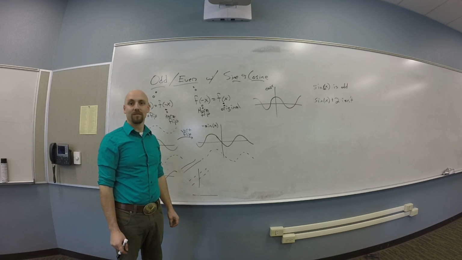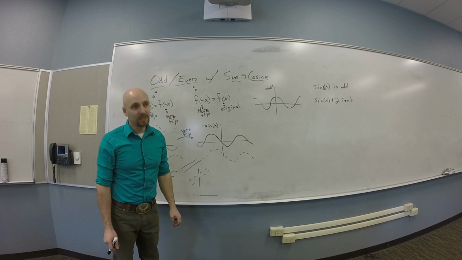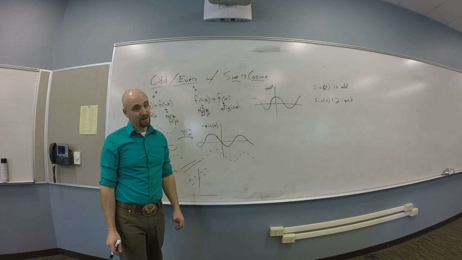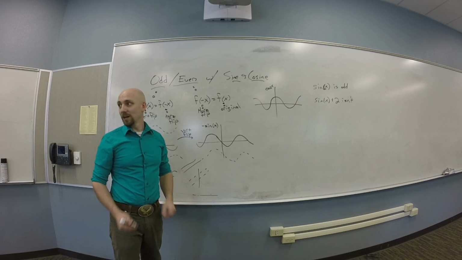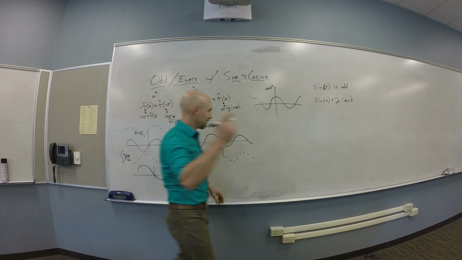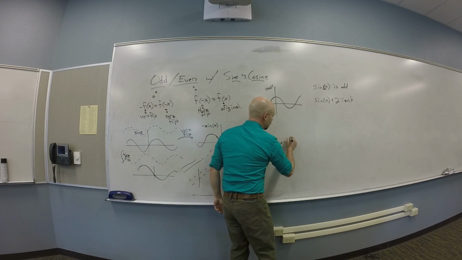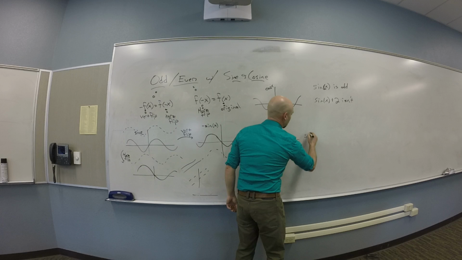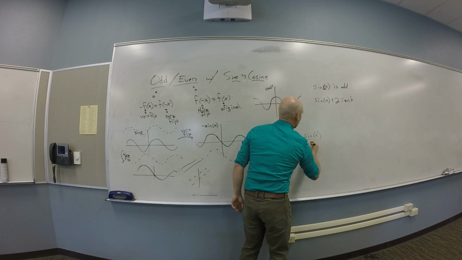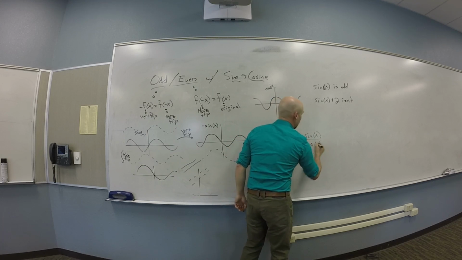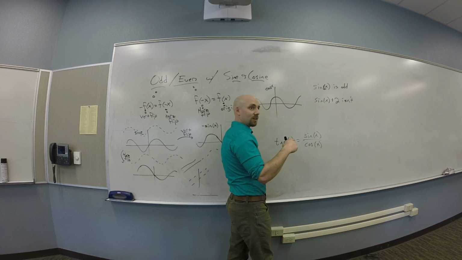That makes sense. For instance, tangent. What's tangent made out of? Sine over cosine. So tangent of x is sine of x over cosine of x.